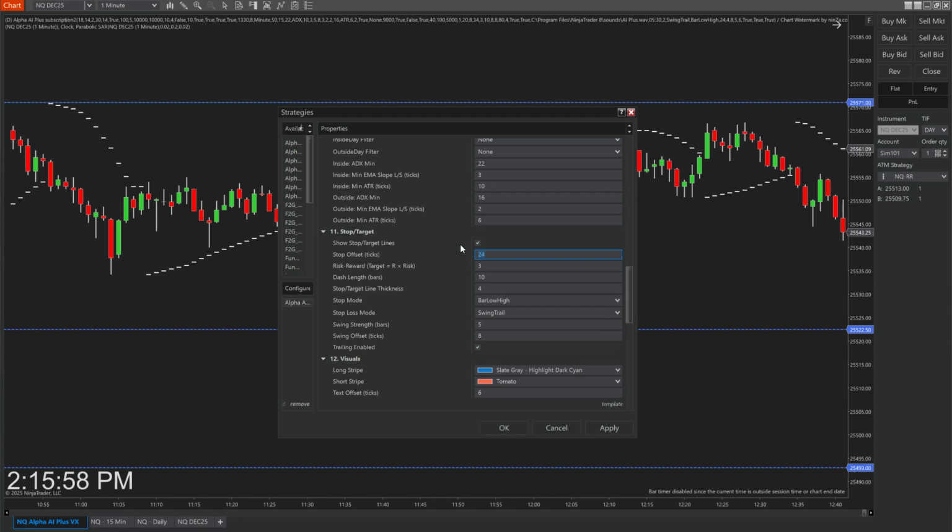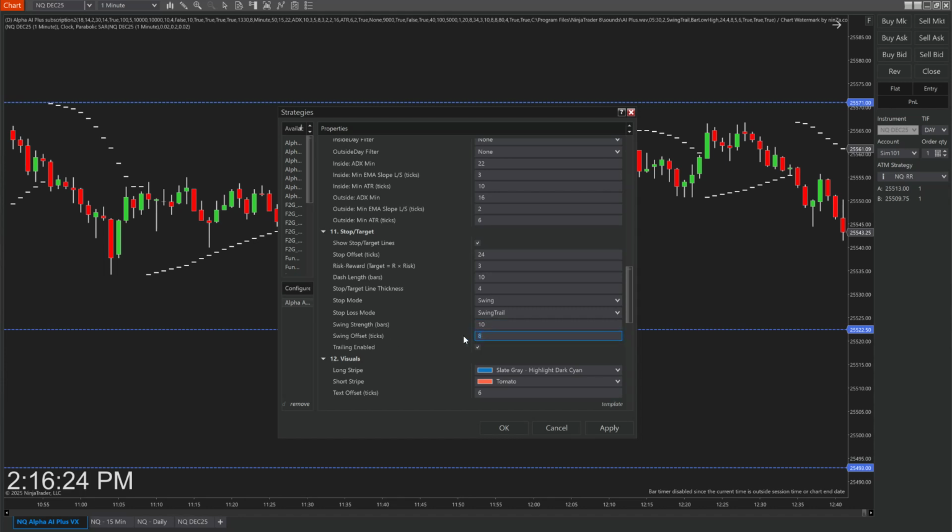That's it. If you make it 8, it's going to be 8, whatever. If you choose the stop mode to be swing, you're going to change here the swing mode. Let's say you make swing mode 10 bars, which means your stop will be at the swing of the last previous 10 bars by the offset of the swing, 8 ticks.